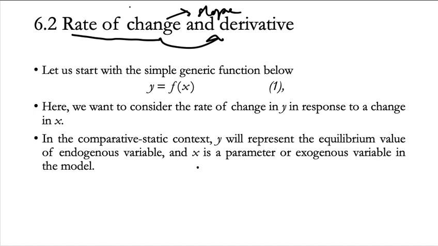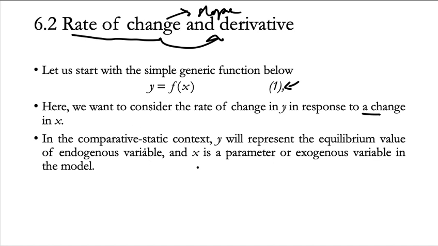All right. Now I want to show you more about the concept of the rate of change. Let's start with a very simple generic function here, y as a function of x. We call it expression 1 or equation 1. Our main objective here is to look at the rate of change in y after a change in x, that is, by how much y changes after x changes by a unit.